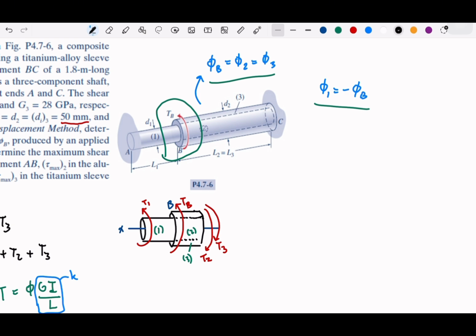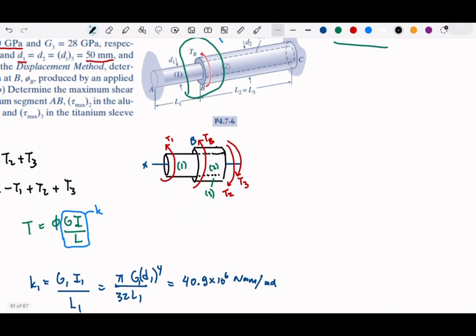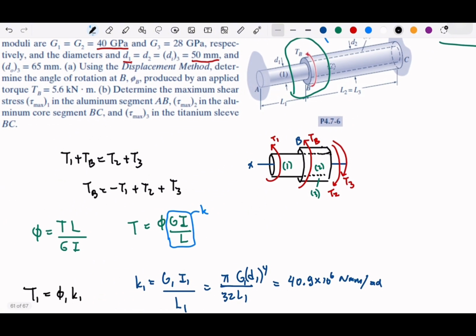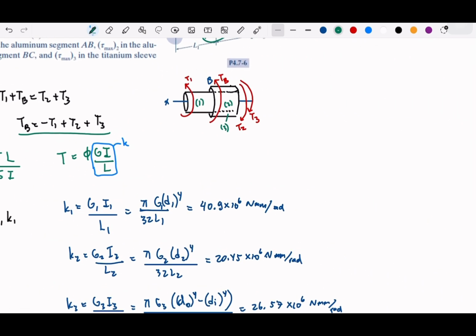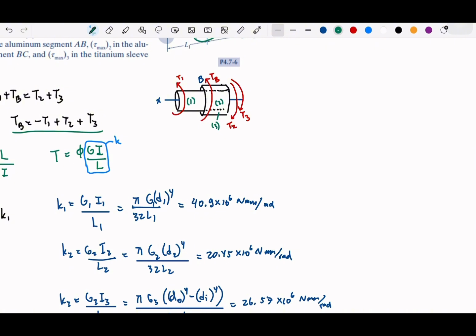And because we have this, then we could write the equilibrium. Okay, we can write the equilibrium. So the equilibrium, the difference is that what we solve now is the torque. The previous one we solved the twist angle, right?